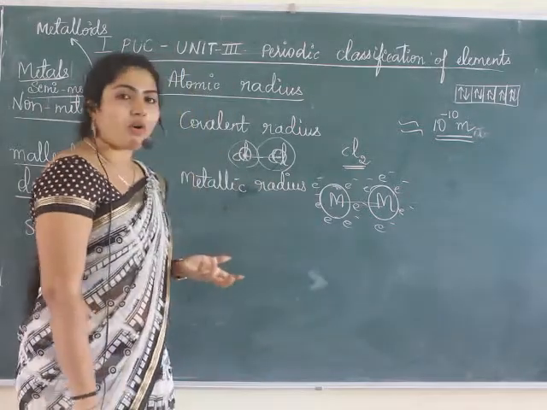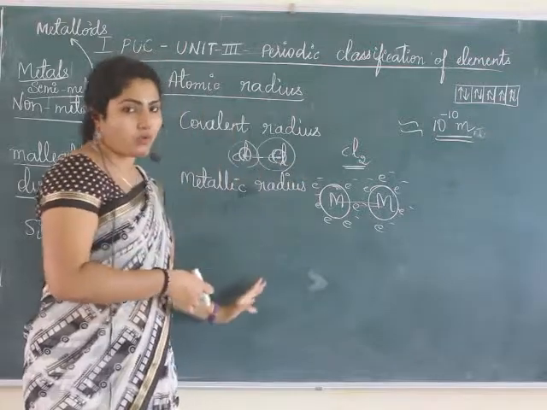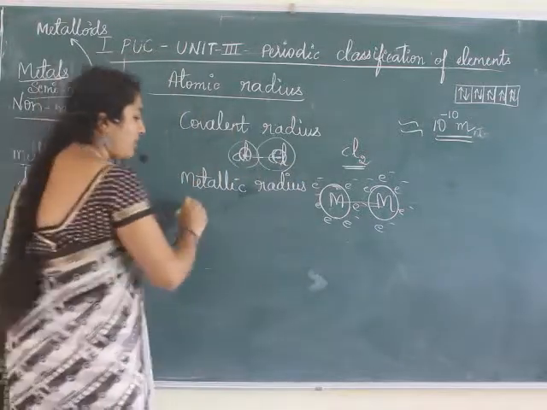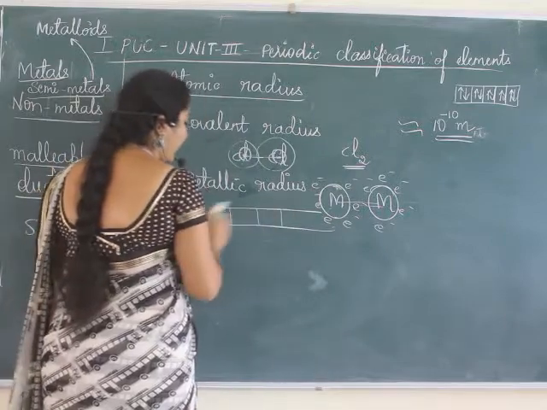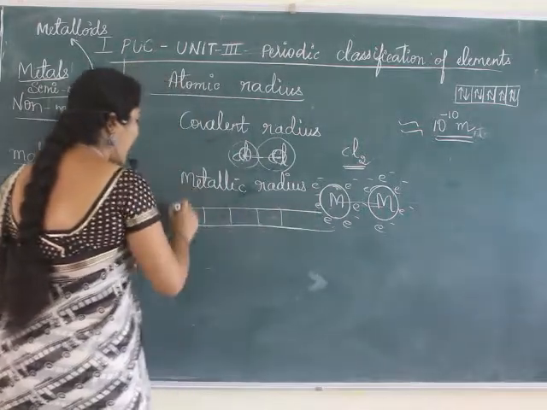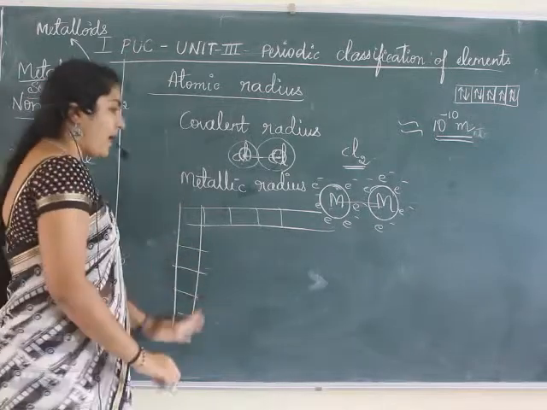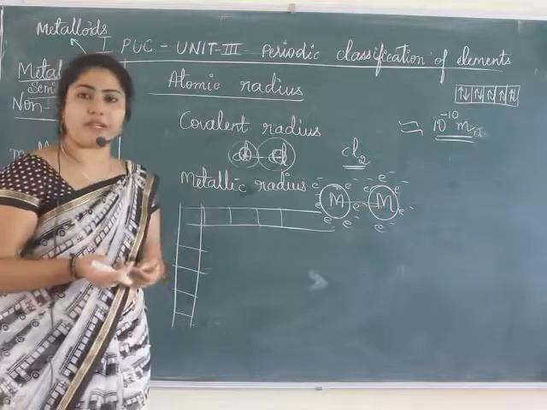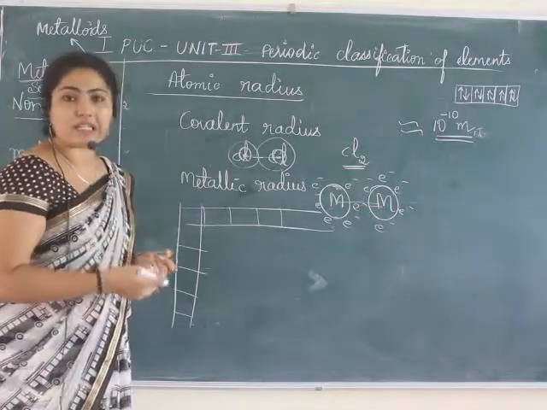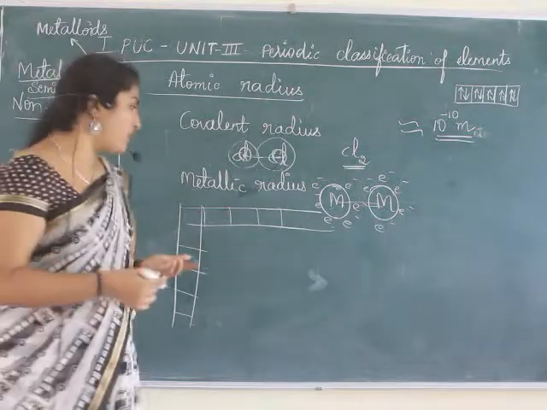Now what is important is you should know how it varies across the period and down the group. Across the period means like this in the periodic table, in this manner, and down the group means how it varies in a group. This is a common way I explain it to the students. They say it seems easier if I explain this way, so I'll explain in the same way to you also.